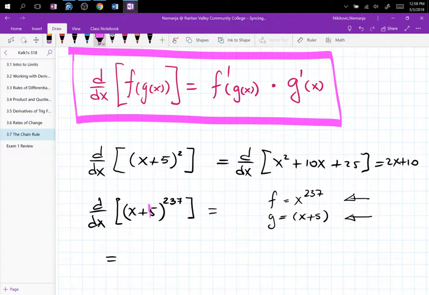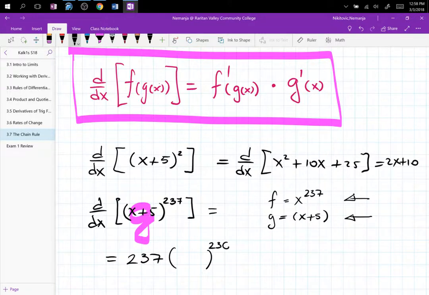Well, I'm regarding the whole inside as function g, for guts. So what is the derivative of that? Using the n minus 1 rule, it's 237 g to the 236, and that's x plus 5 in there, times the derivative of this, which is 1. And the whole thing is done.